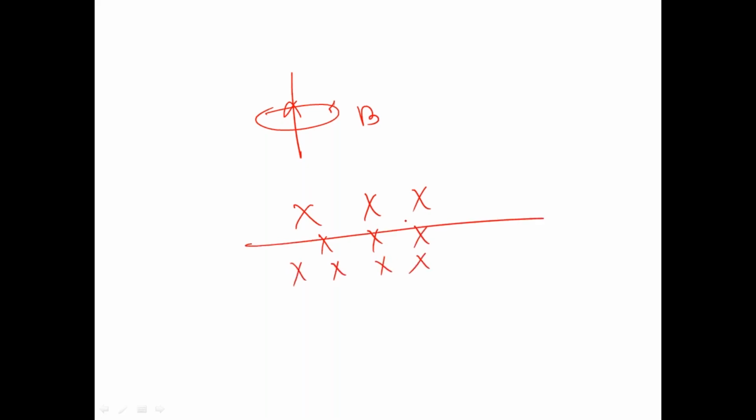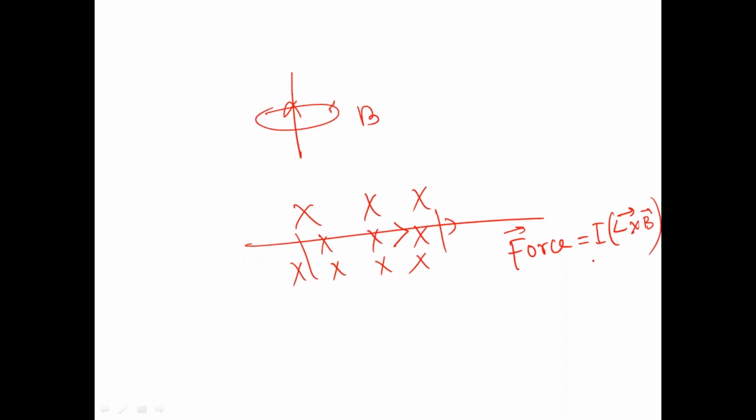So far what we have learned is that a current wire creates a magnetic field around it. If I keep a current carrying wire in a magnetic field, it will experience a force, which can be written as F = I (L × B), where L is the length of the wire, the part which is inside the magnetic field, and B is the magnetic field.